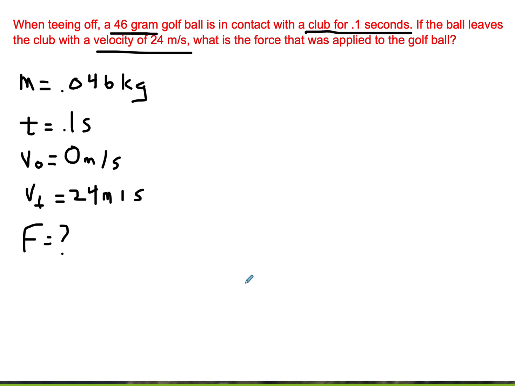That's what Newton's first law says. If there's no net force, then an object maintains its state of motion. It keeps moving at the same speed in a straight line, or it remains stopped if it was stopped. So the only time this ball is accelerating from you hitting it is when the club is actually physically touching the ball.